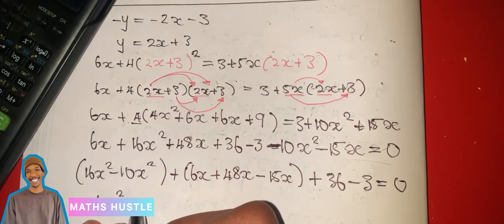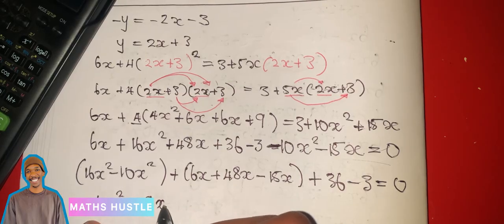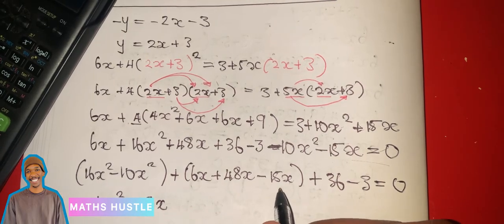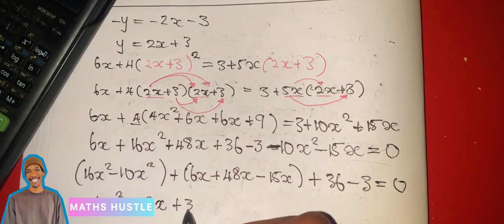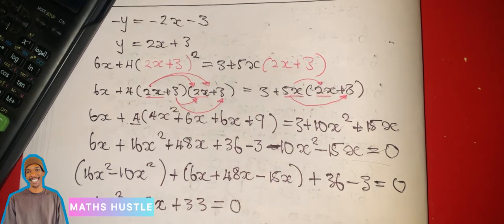So you have positive 39x. And 36 minus 3 is 33 equal 0.